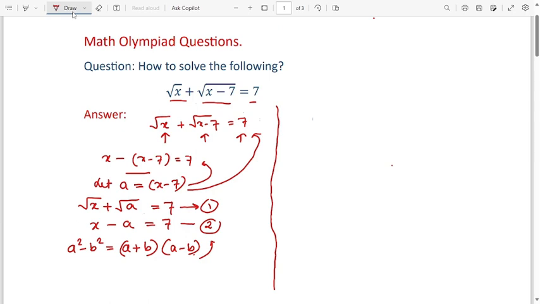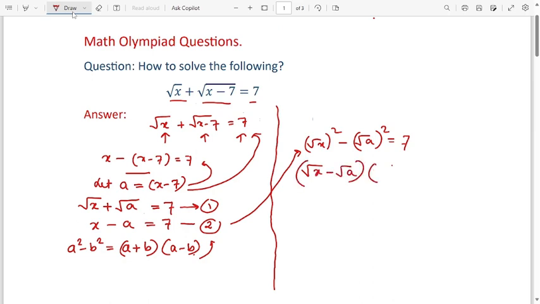From equation 2, we can write square root of x whole square minus square root of a whole square is equal to 7. We are using the formula a square minus b square. That means (square root of x minus square root of a) times (square root of x plus square root of a), which is also 7. So from equation 1, we can replace this one by 7.